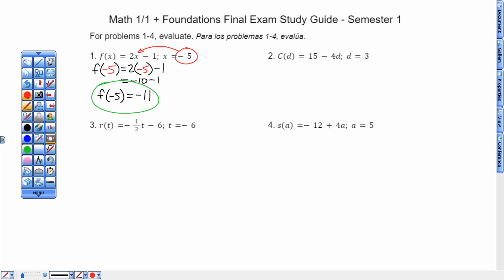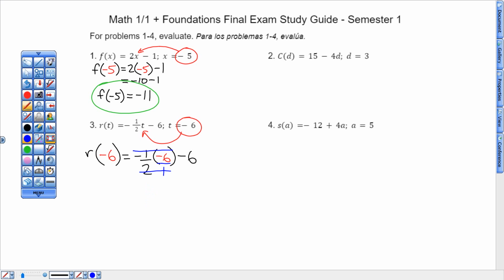For this one, going straight down, I'm replacing that for t, but don't worry, when I replace that, that fraction is going to go away. So for r of -6, plugging in -6 for t, is that -1/2, and then right there where that x used to be, I'm going to put a -6, and then subtracting that 6 from the original problem, knowing that this is a fraction over 1, this goes straight across and gives me +6 over +2.